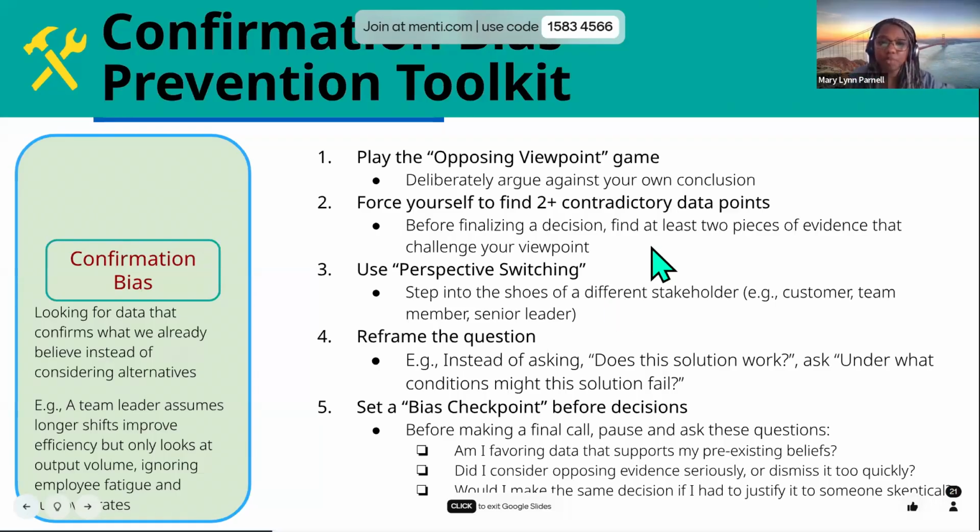And then second would be to actually force yourself to find two contradictory data points. So before finalizing decisions, find at least two pieces of evidence that challenge your viewpoint. For example, in an employee satisfaction example, let's say three of your teammates have complained that things are bad, like we are not really getting along, and one says yes.